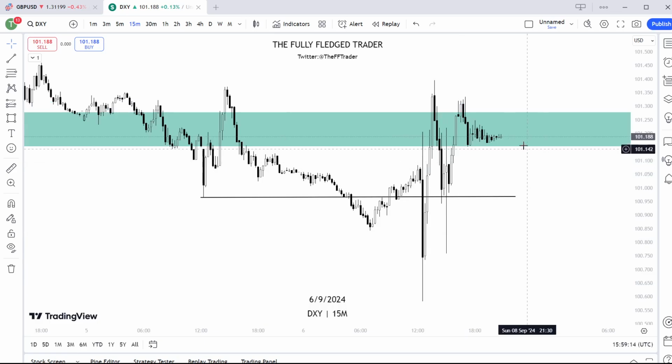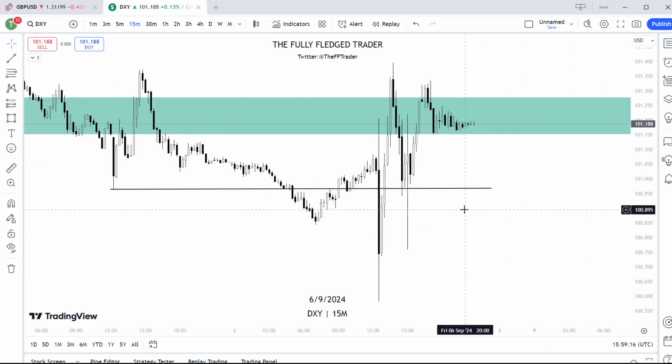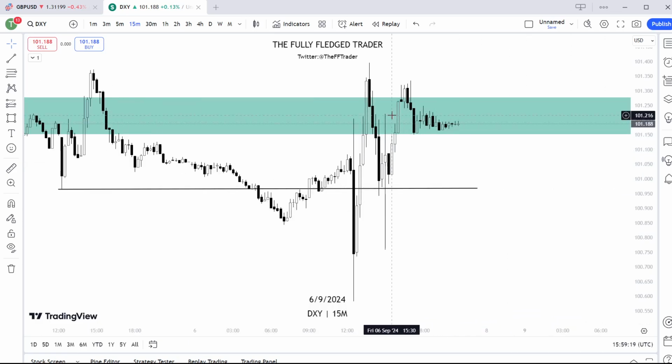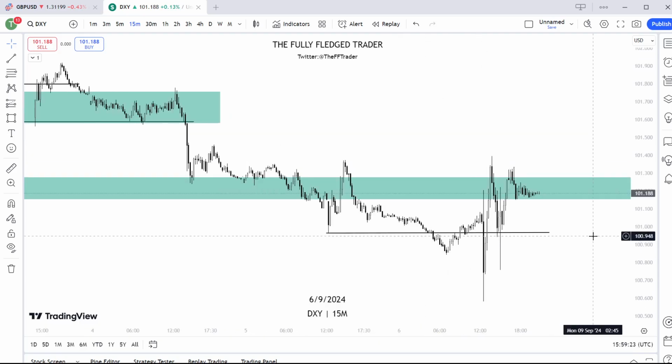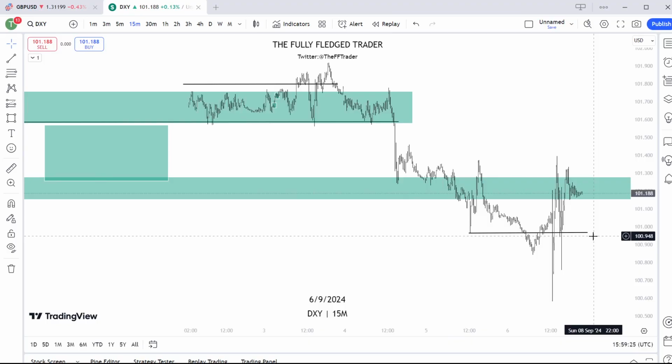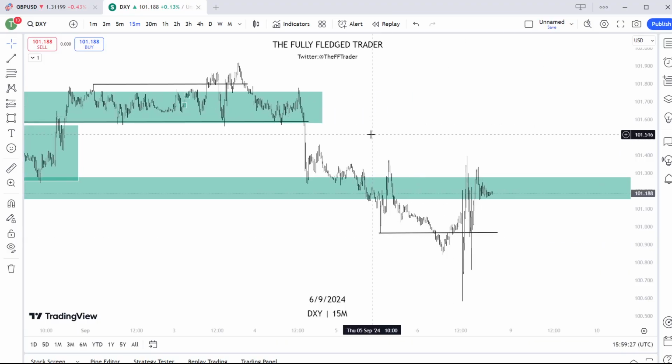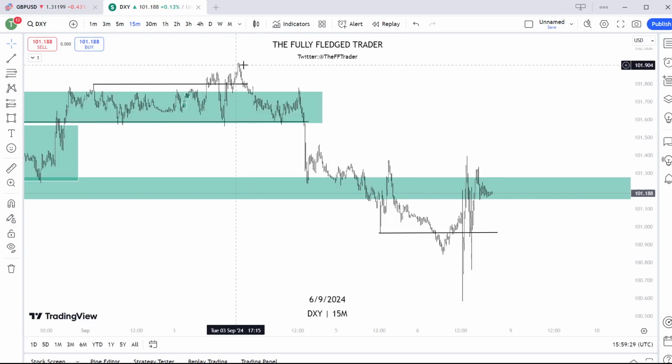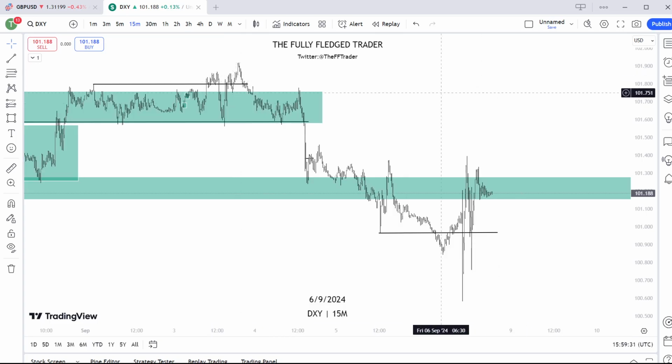Yeah, so that is it. So be focused on this one here being my level one there, and be expecting price to trade higher and higher, targeting the high here.